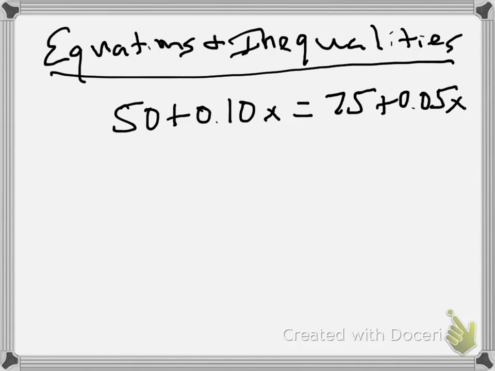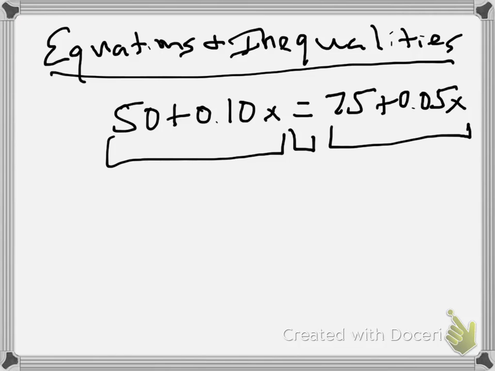What that leads us to then are equations and inequalities. Equations and inequalities compare two expressions. So you can see we have our cell phone bill expression again, and it's on the left side of the equal sign. And then we have another expression on the right side of the equal sign, and this expression expresses another cell phone bill. So what this equation does, I know it's an equation because of the equal sign in the middle, it asks the question, when is the cell phone bill on the left the same as the cell phone bill on the right?